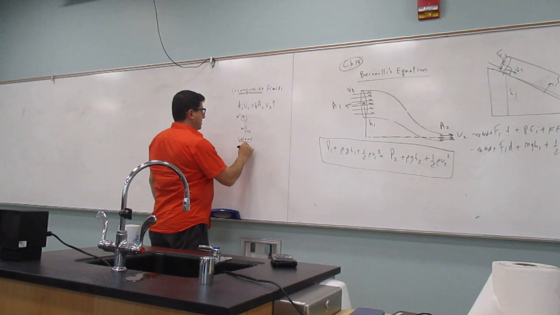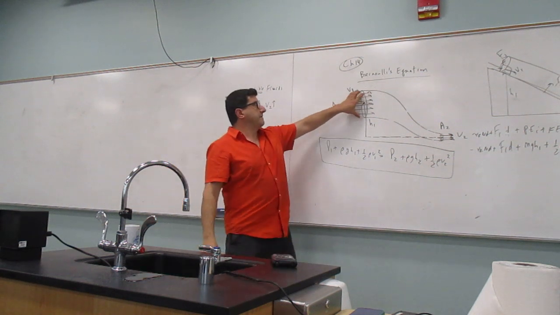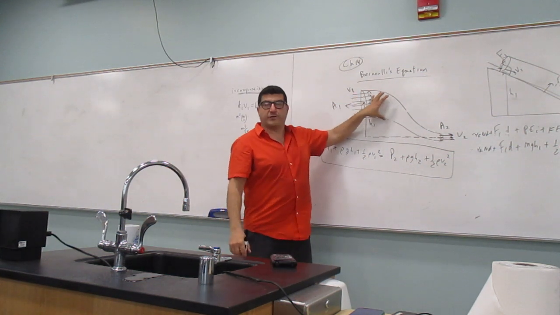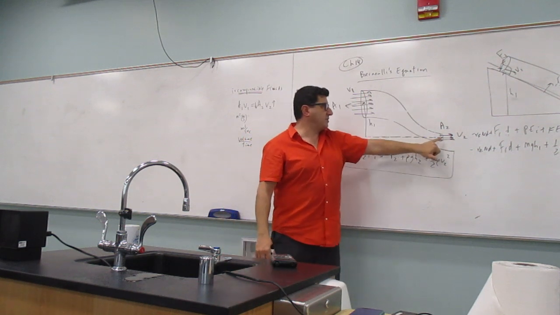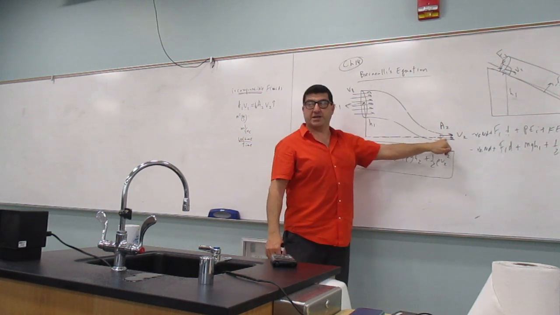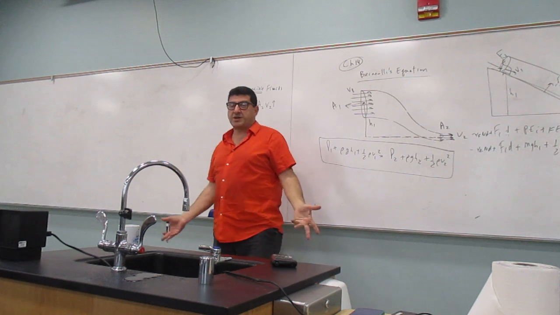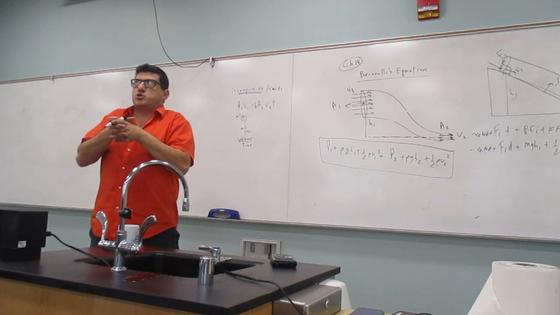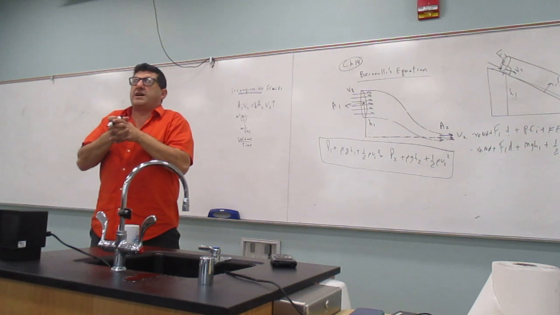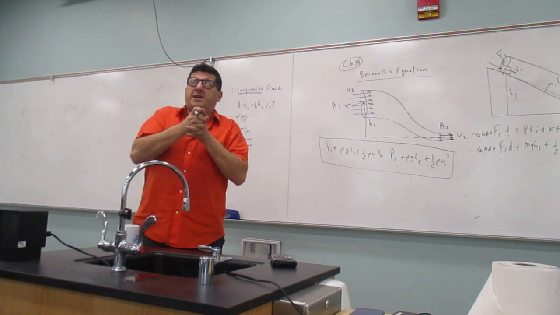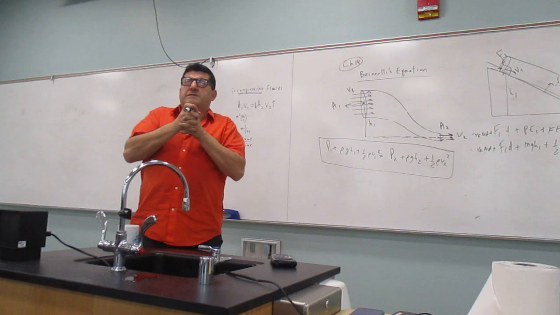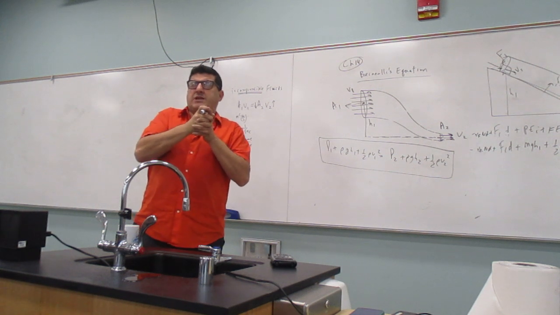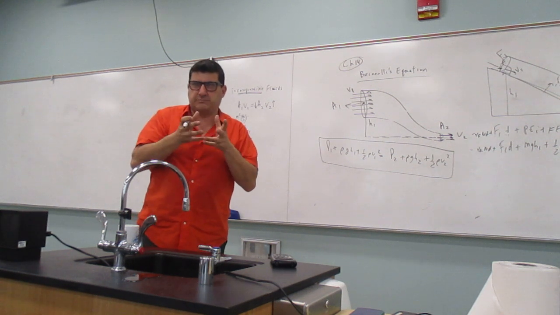So to say that the volume of fluid flowing here is equal to the volume of fluid flowing here makes that an incompressible fluid. When you try to constrict the area to conserve the amount of volume of water flowing per unit time, the fluid has to go faster. Does that make sense?